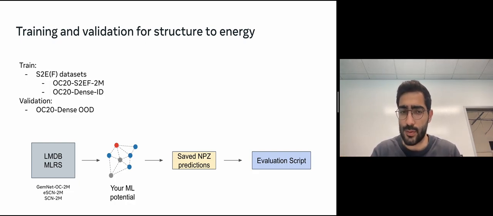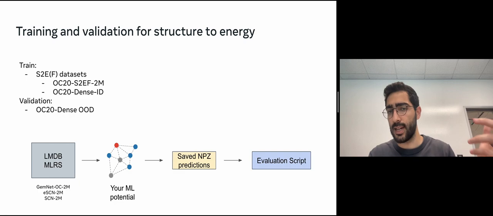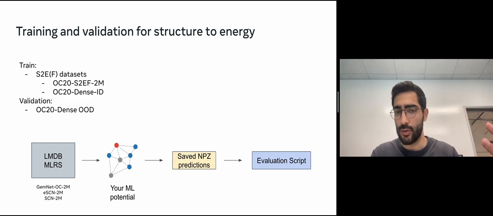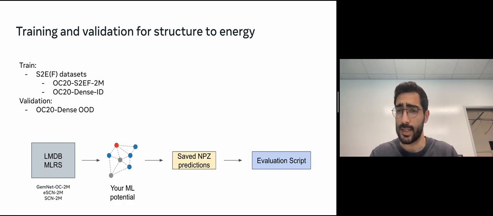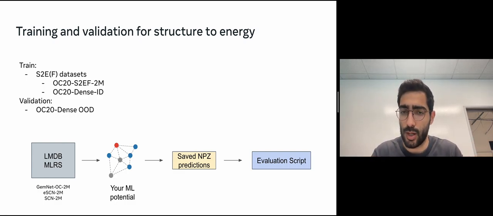And the reason for that, as we mentioned earlier, is otherwise you could game the success rate by having a model that predicts negative infinity, and then you're always lower than DFT and you're successful all the time. So requiring your model to also predict an energy similar to what the DFT energy of that structure would be really constrains that problem.